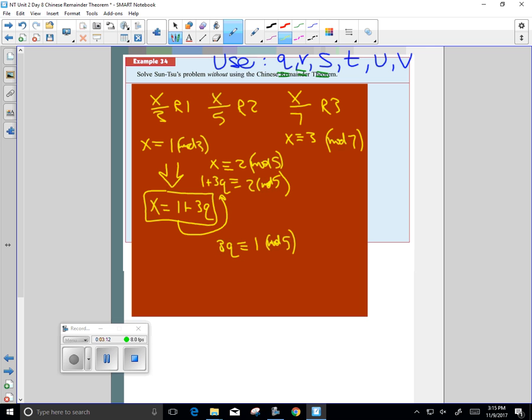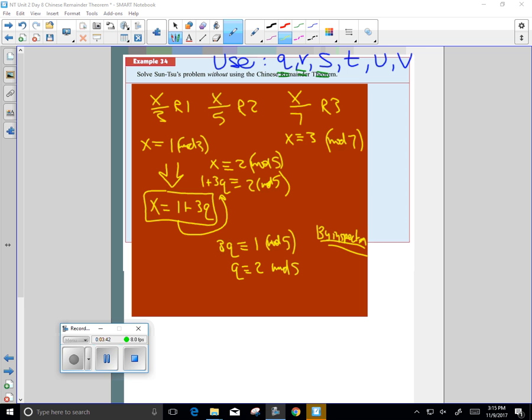And then if you think about it, what the solution is going to be, by inspection, Q is going to be 2. Q is going to be equal to 2 mod 5, because 3 times 2 is 6, minus 1 is a multiple of 5.